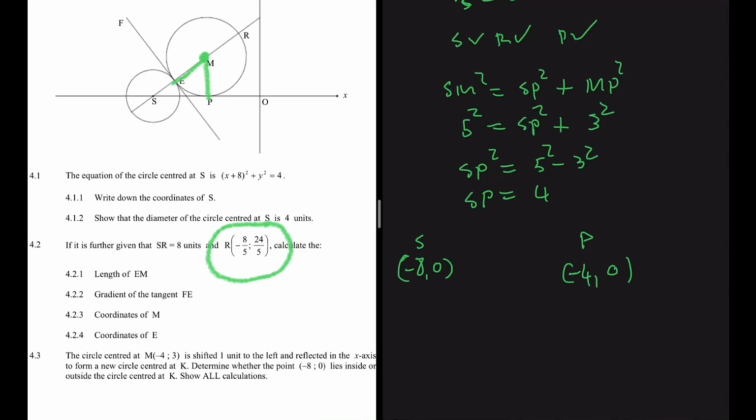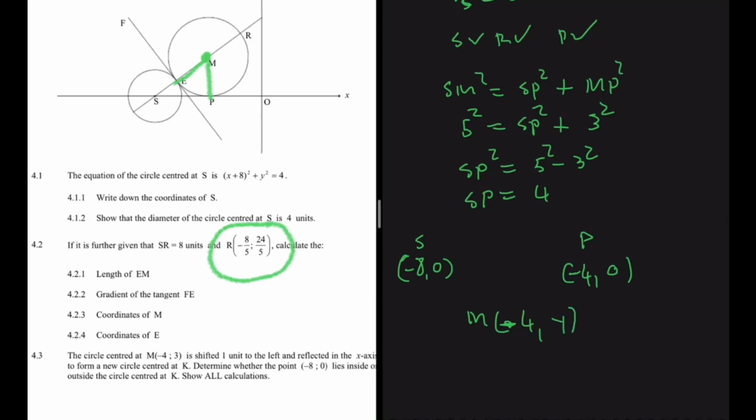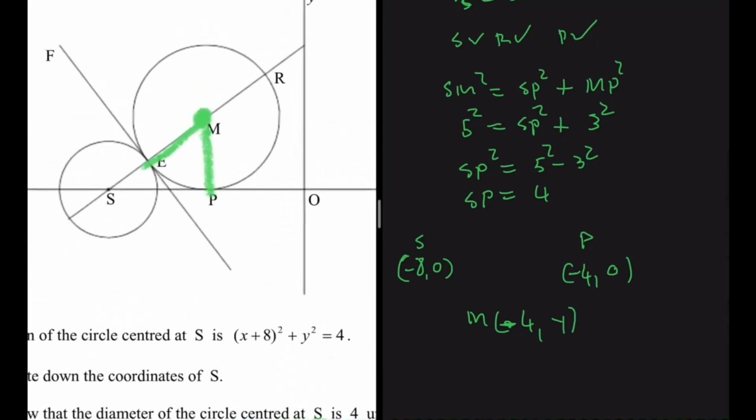So now we have found the x value of our coordinate M. It's minus 4 and some y, which we do not know. Let's go back to our sketch again. If you pay more attention, you will realize that from P to M is 3 units, right?